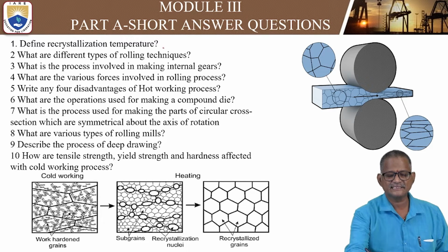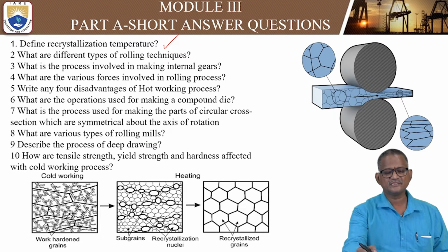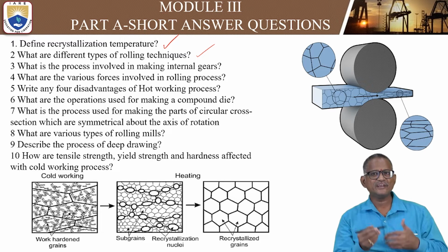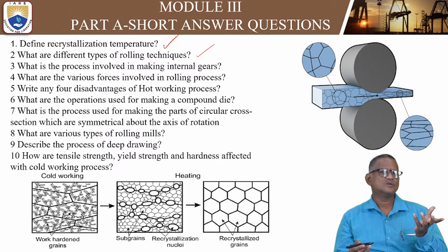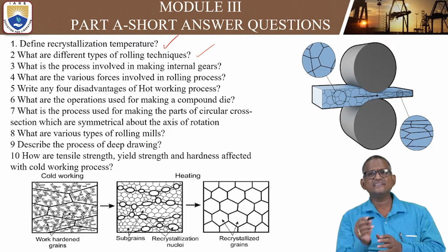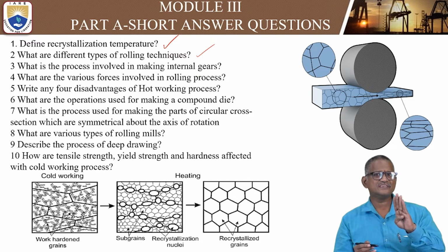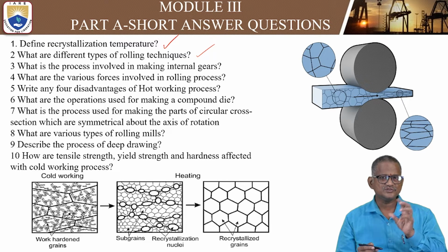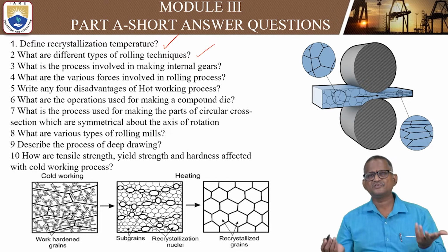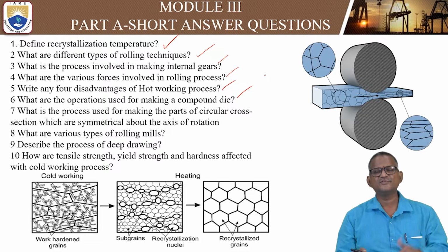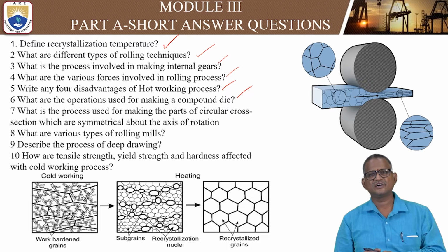Define crystallization temperature, what are the different types of rolling techniques, what is the process involved in making internal gates, what are the various forces involved in rolling, write any 4 disadvantages of hot working process, and what are the operations used for making a compound die. Like this, there are a number of short answer questions available.